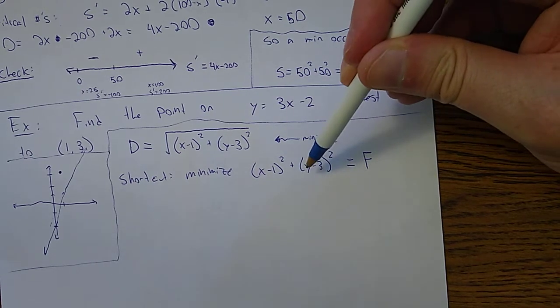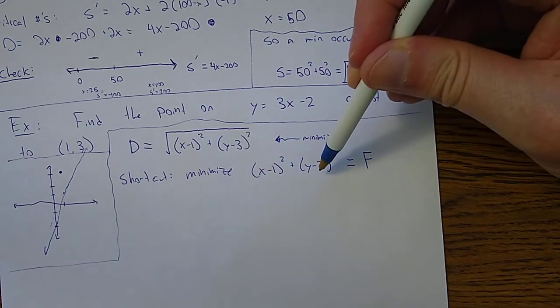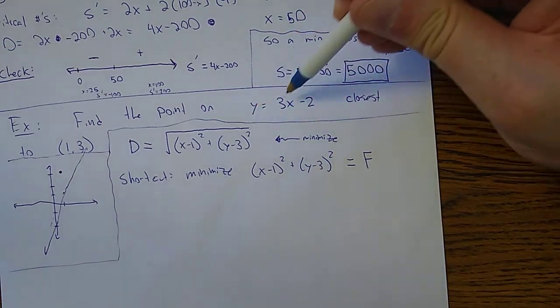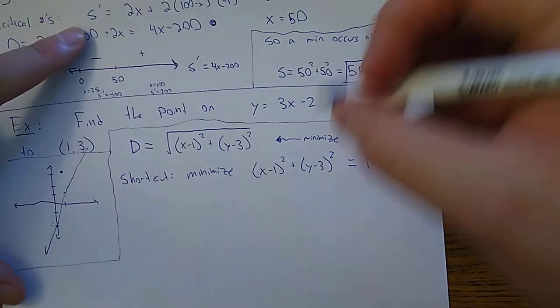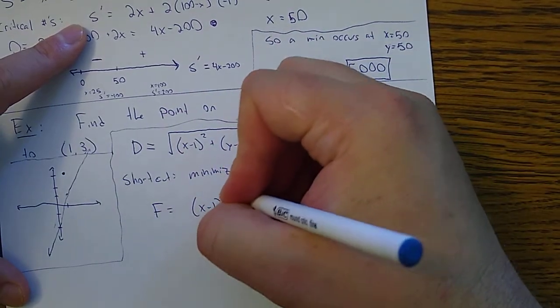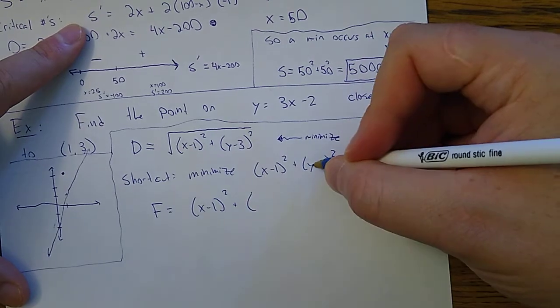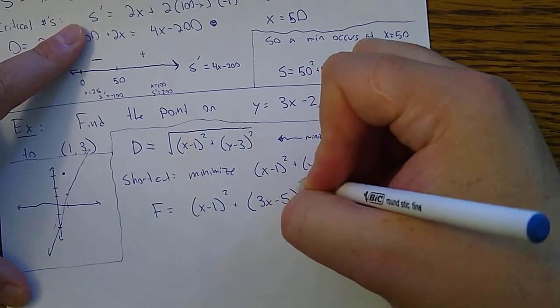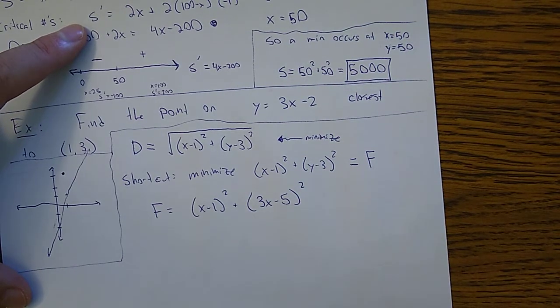We should have enough information to replace one variable with something else. In our case, we know we're looking at a point on this curve, so y is 3x minus 2. So this is 3x minus 2 minus 3, which would be 3x minus 5 squared, like that.